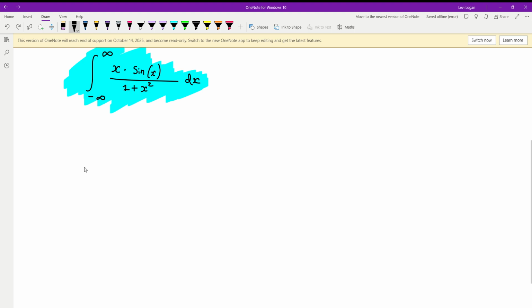Now, all you need to do to work that out is replace the x's with z's, and any trigonometric term, like sine or cos, we are going to replace with e to the i z, okay? Now the reason why we do that is because we can take advantage of this identity a lot later on.